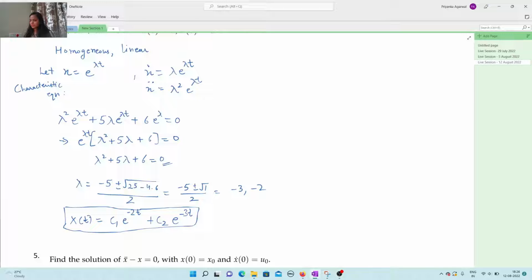So the final solution will be x of t is 9 e to the power minus 2t minus 7 e to the power minus 3t.